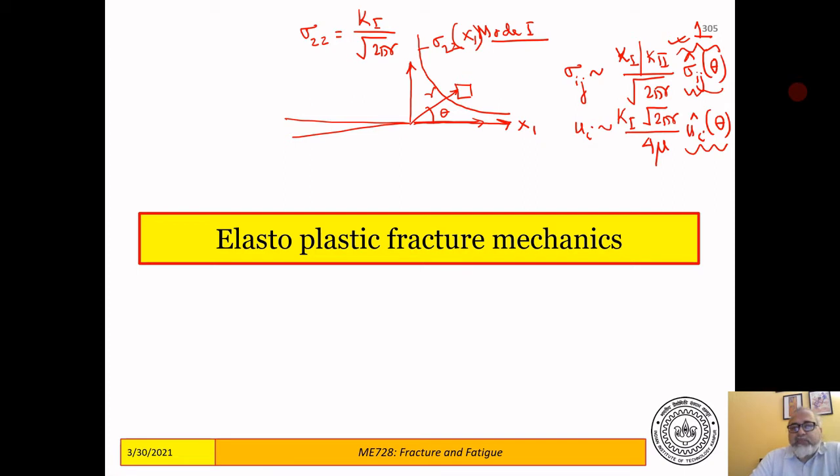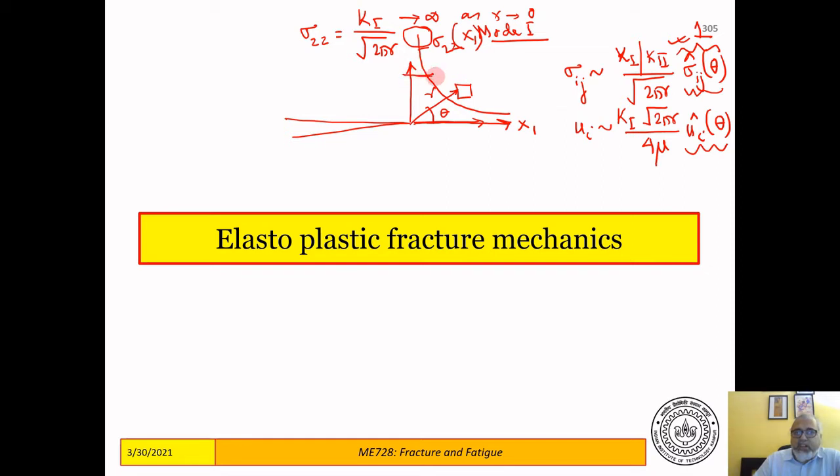So we have been living with the fact that these stresses are extremely high, and they actually tend to infinity as r tends to 0, as 1 by square root r. Now this is exactly where the need for elastoplastic fracture mechanics comes in. No material can actually withstand infinite stresses. So somewhere close to the tip of the crack, I am going to have yielding occurring at the crack tip.